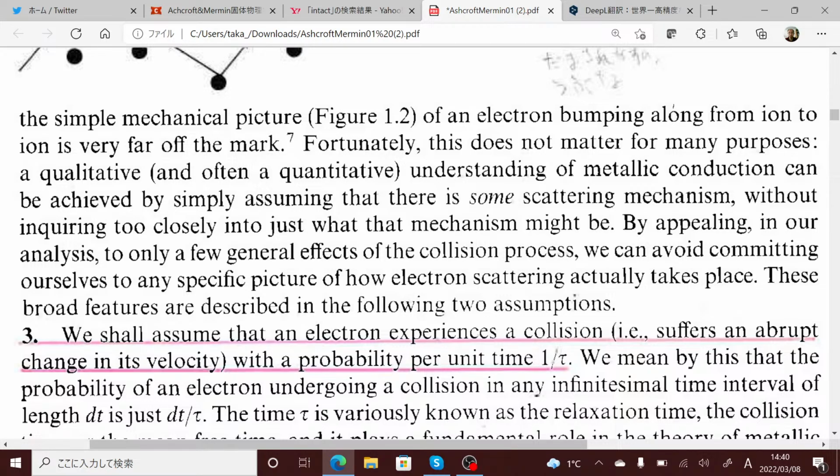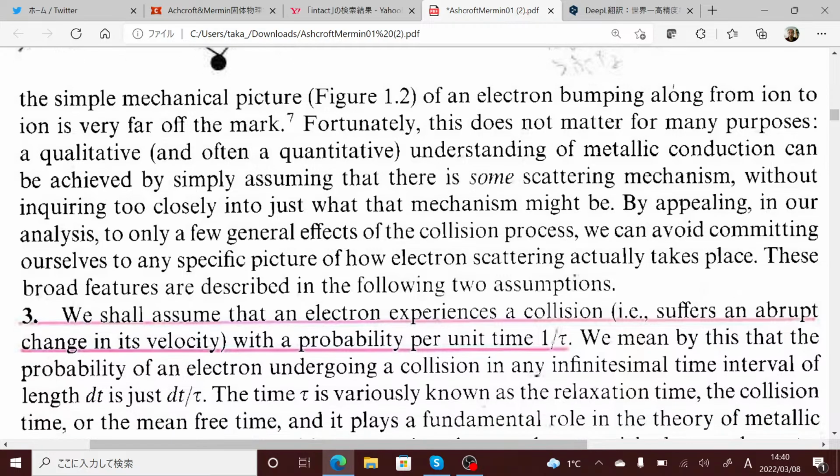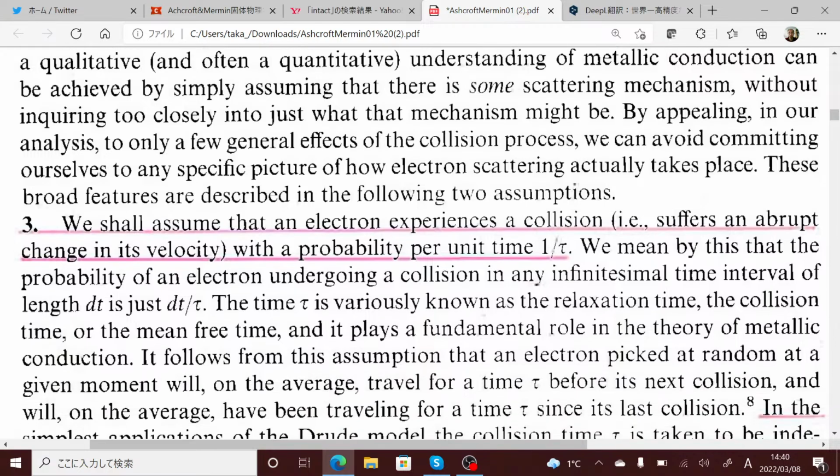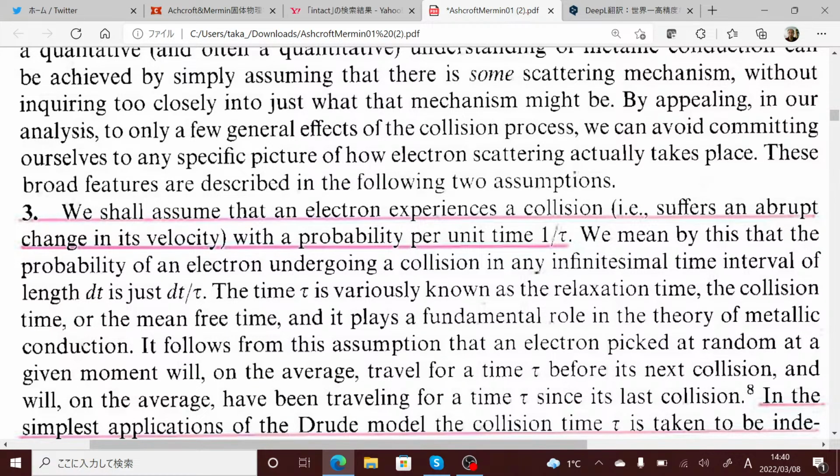These broad features are described in the following two assumptions.